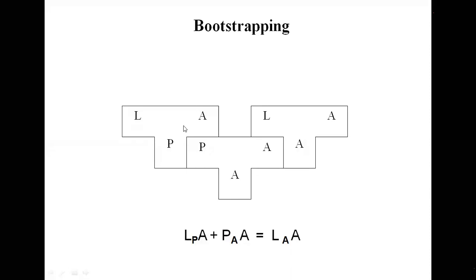I am compiling compiler 1, which is L P A, with compiler 2, which is P A A. Compiling compiler 1 and compiler 2, I am generating the target code, the other compiler L A A. This is about bootstrapping.